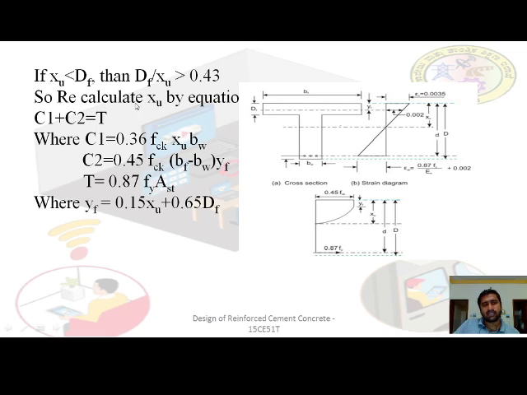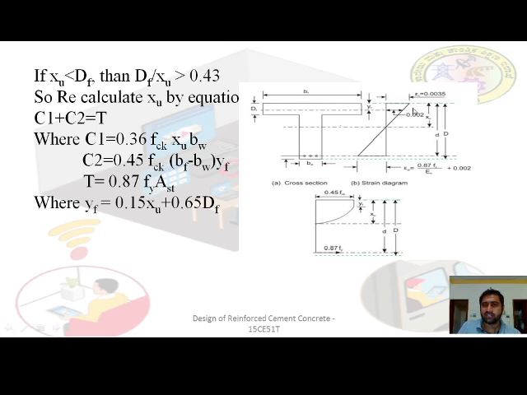So let us recalculate the Xu by this equation. Here, only C2 will be changing. Instead of the depth of the flange, we will be writing a new term called yf. What is this yf? Yf is given as 0.15 times Xu plus 0.65 times Df.